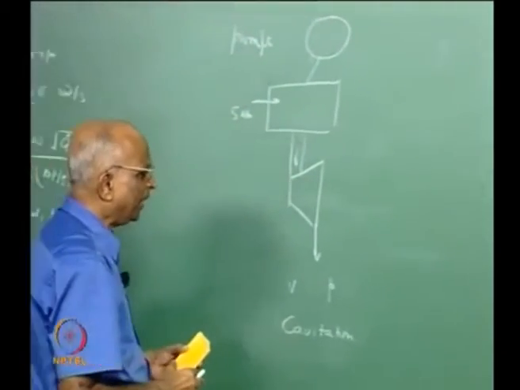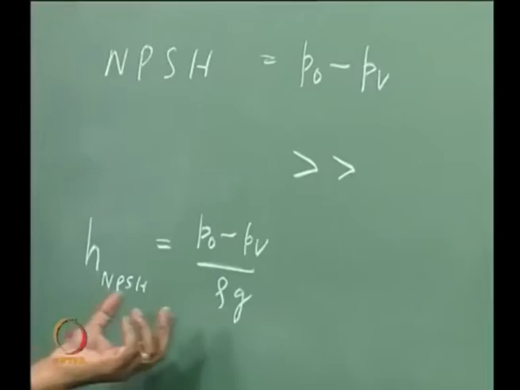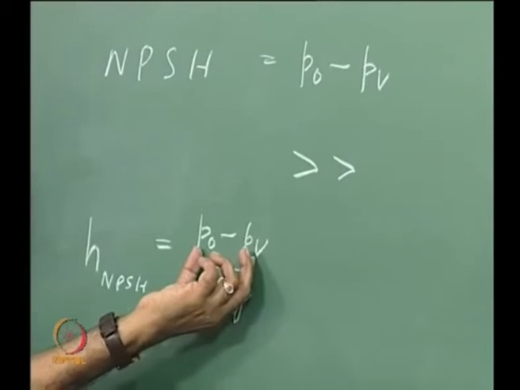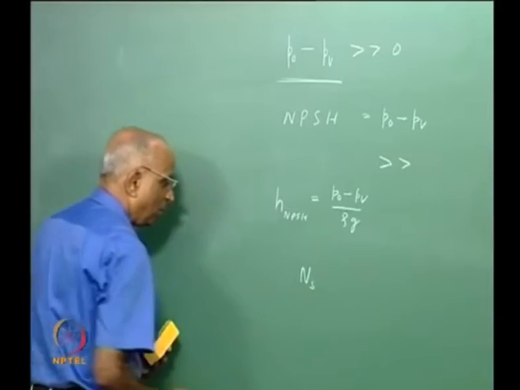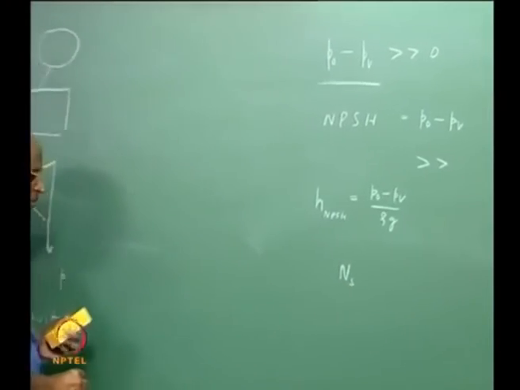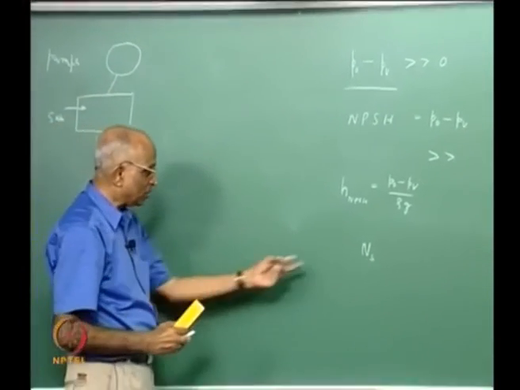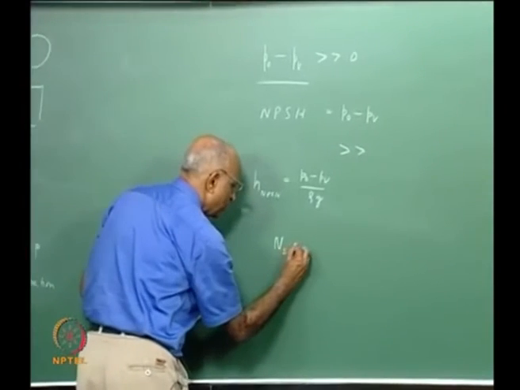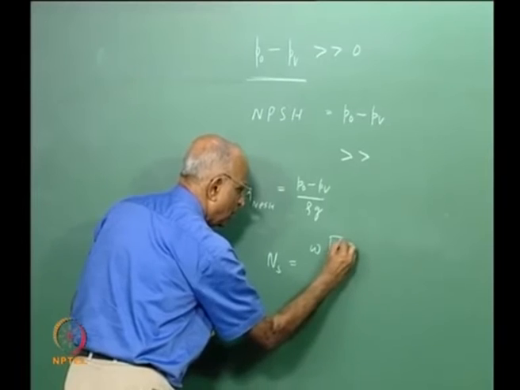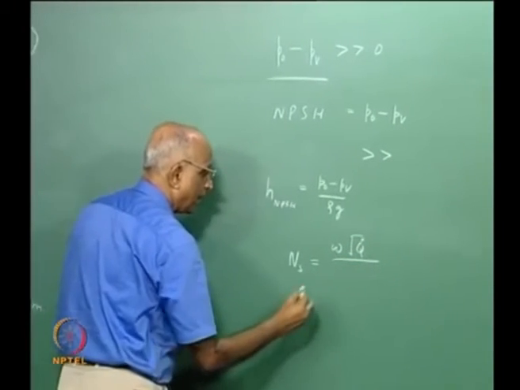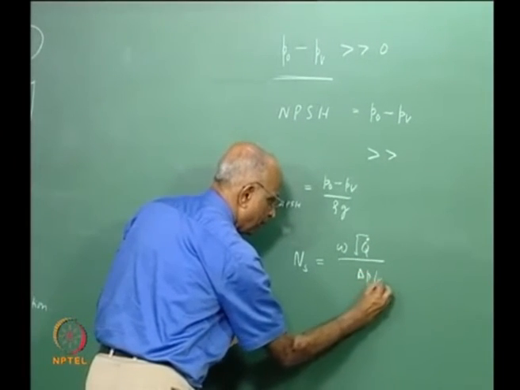And if I were to take this head, which I know for cavitation I need a reasonable number, and if I were to substitute in the value of the non-dimensional parameter pi 2, which we call specific speed, what was specific speed equal to? It was equal to omega root q dot divided by delta p by rho.